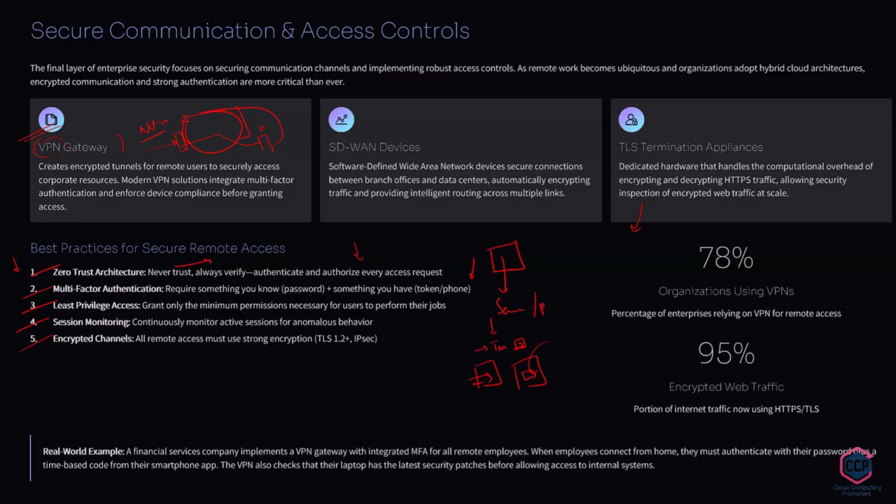Okay, least privilege access in the sense that if I am an intern, I should only have access to the learning resources. They'll give me only those resources so that they can protect an organization's critical information.